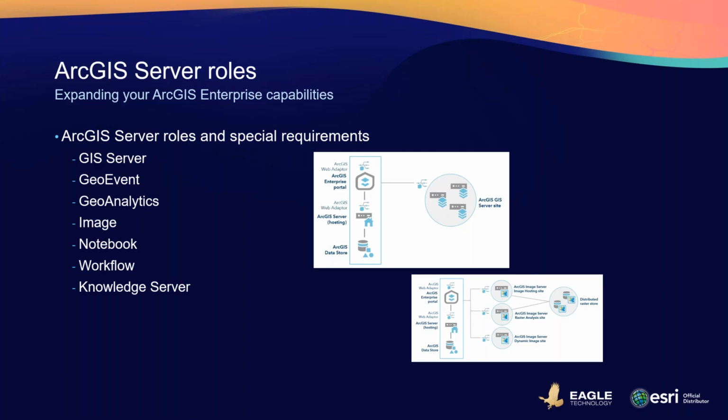The image server, which can be used for both dynamic image services and raster analysis, can optionally utilize the raster ArcGIS data store for image storage, but it's not a firm requirement there.